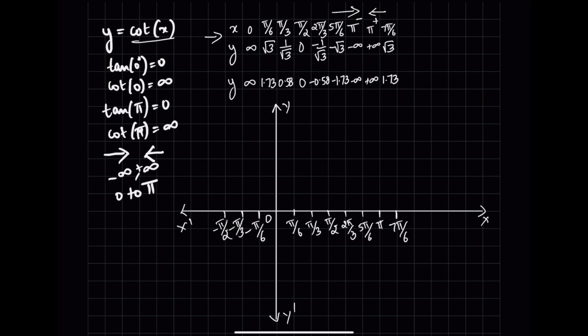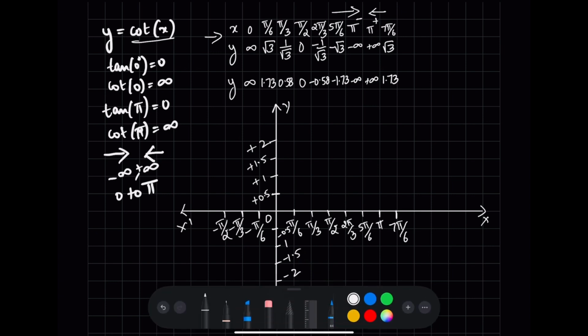Okay, now let's start to plot this. At 0 it is infinity, so let's ignore that for now. This will be plus 0.5, plus 1, plus 1.5, plus 2, and this would be minus 0.5, minus 1, minus 1.5, and minus 2. Now let's start to mark these values.